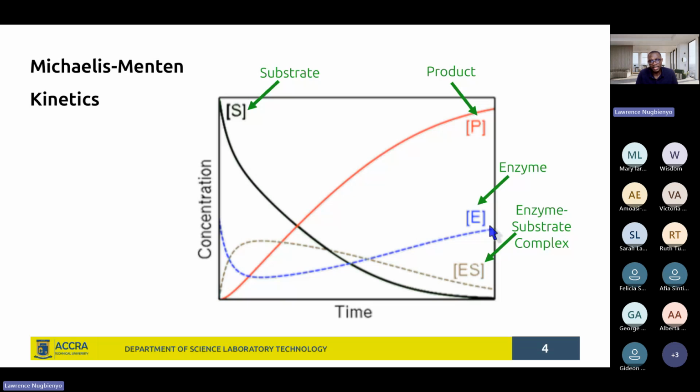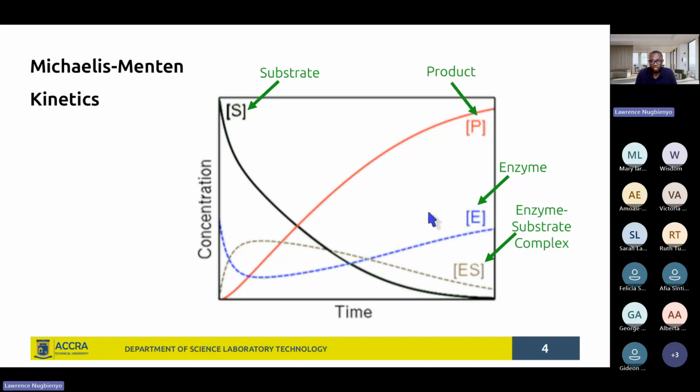That is to say that the enzyme, we talked about this, in an enzymatic reaction is not consumed. The enzyme is there as a catalyst. It comes in to speed up the rate of the reaction, and after that, the enzyme will remain. It's not consumed in the process.